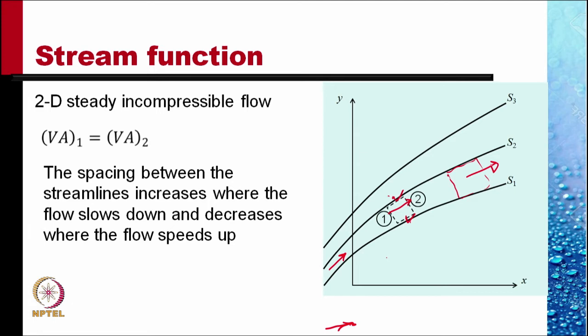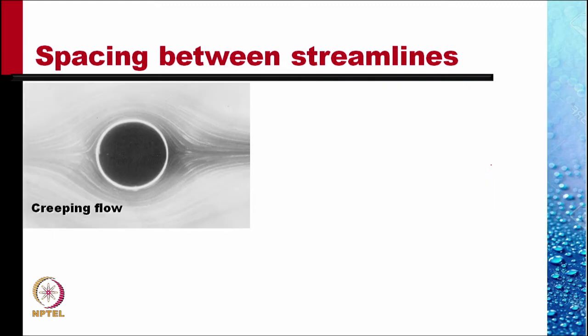This is illustrated very nicely by this example. Consider the creeping flow about a cylinder. A flow at very low velocities such that the Reynolds number is much less than 1. This is a picture that we showed you earlier. The flow looks quite symmetric.